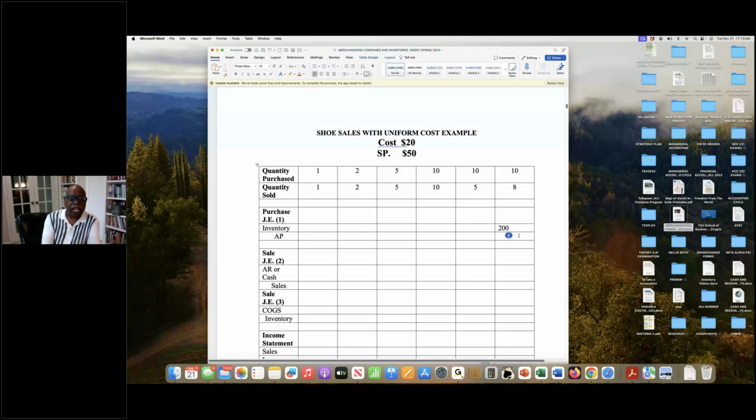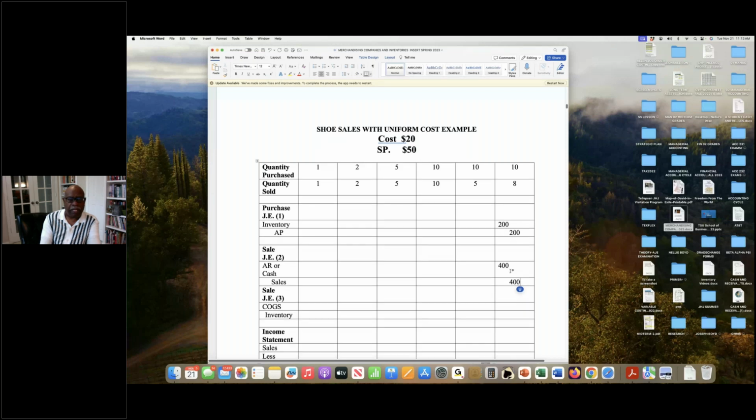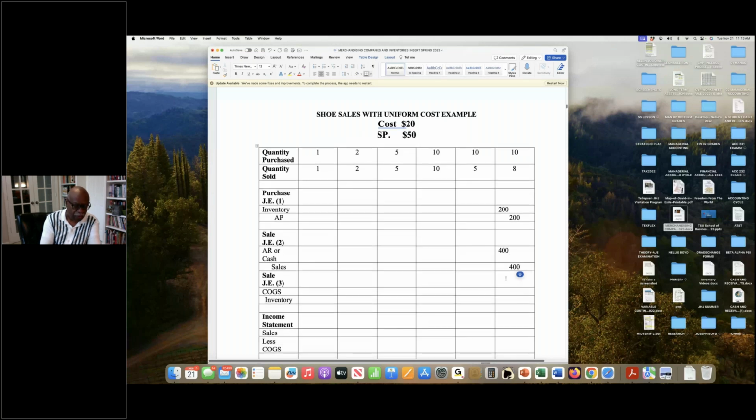Then if we sold 8, we debit cash for 400 and we credit sales for 400. Since we only sold 8, we're going to debit cost of goods sold for 320. We're going to credit inventory for 320.